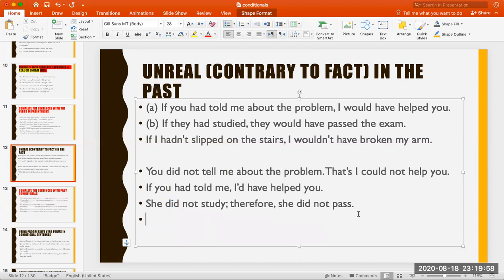She didn't study, therefore she didn't pass. If, usually, goes against what happened. So didn't study, if she studied. If she had studied, past perfect, she would have passed. If, contrary to real life.